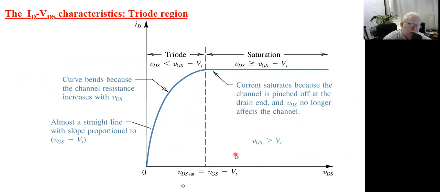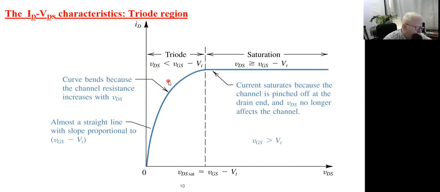So whenever the transistor is on, then we have two regions, what we call the triode region, and this is defined where the VDS is still small, below VGS minus V threshold, and what we call the saturation region, which is the case where VDS is greater than VGS minus V threshold. So these are the two regions.